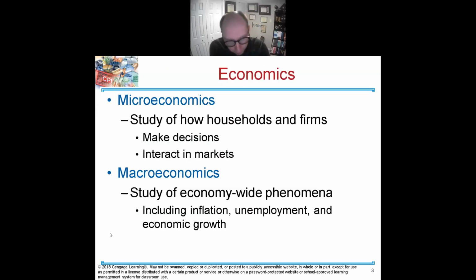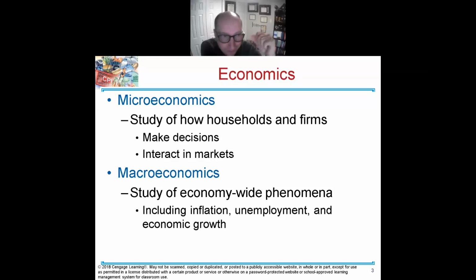So as you know, we're in macroeconomics in this course, and that's the study of the economy on a nationwide level. That's what macro means from a high level. We look at things like inflation, unemployment, economic growth, etc. Economics 201 is macroeconomics.